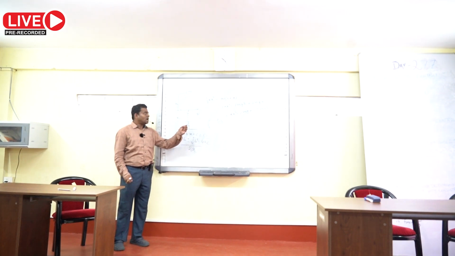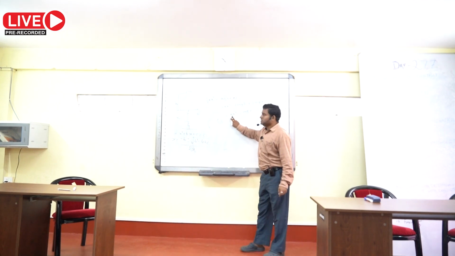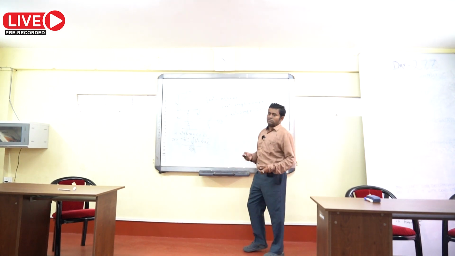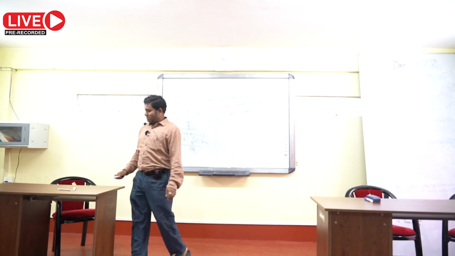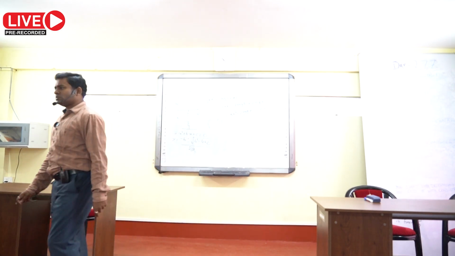Now identify from it what is a in this equation: k. What is b? Minus 2mg. What is c? Minus 2mgh. Just put them in. If you calculate in this format, then you can directly put.